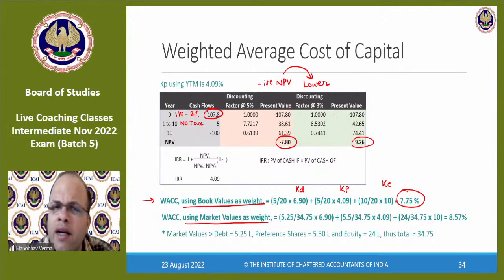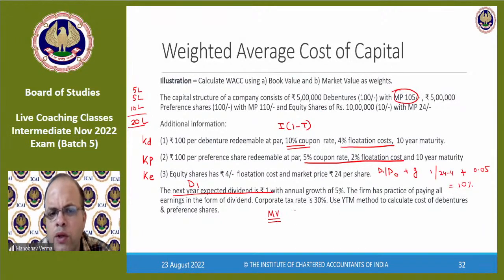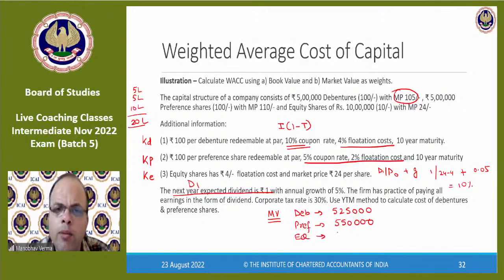So what is the market value given to us? For debentures, what are the market values given to us? So we're talking about 105 into 5,000, so like 5,25,000. For preference shares, we're talking about 5,50,000. And for the equity, we are talking about 24.